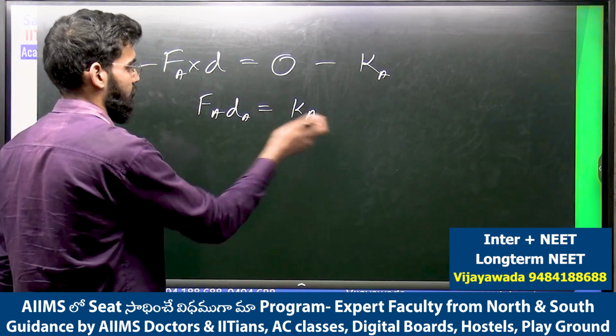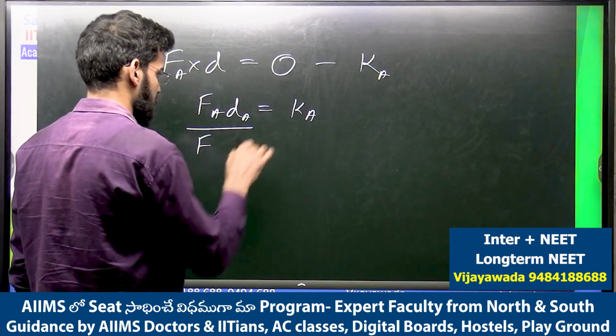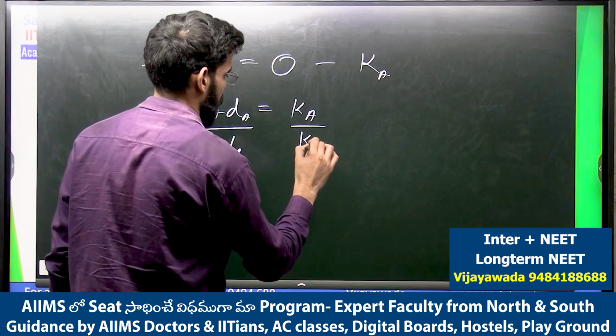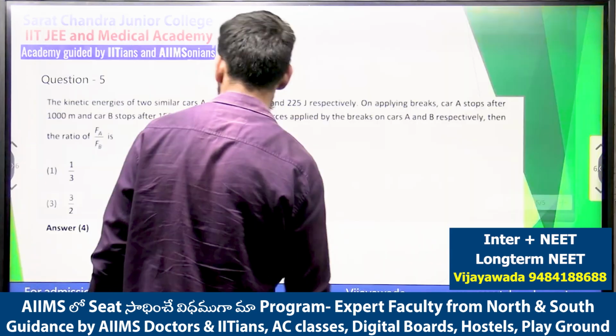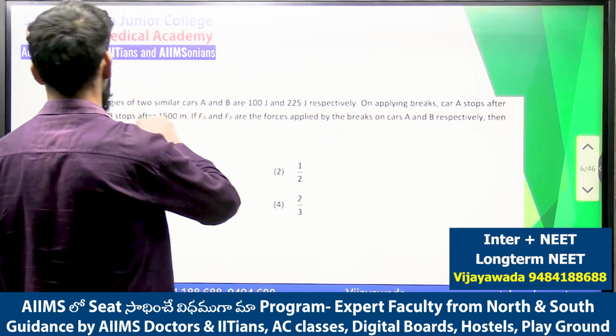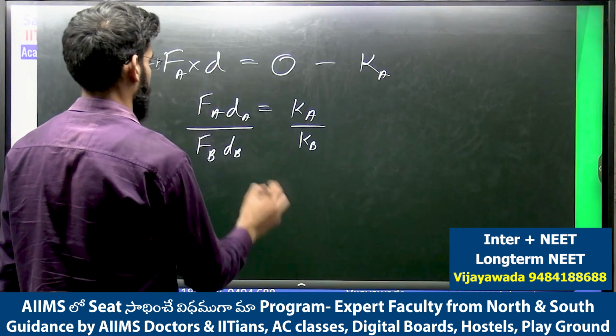That's it. So by this we write down this thing, and for the second one also you write down like that and divide both the equations. So FA dA by FB dB is equal to KA by KB. So you want what? FA by FB you want. And here you know A is 1000 and B is 1500.